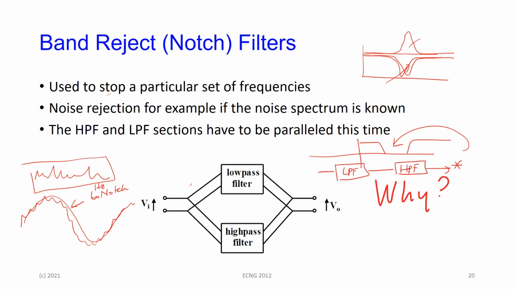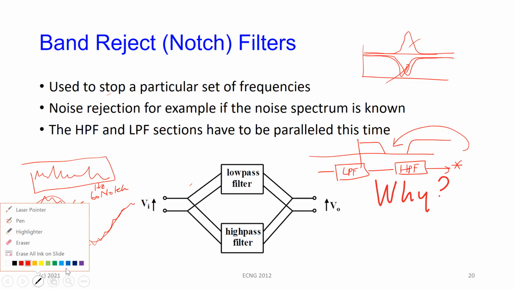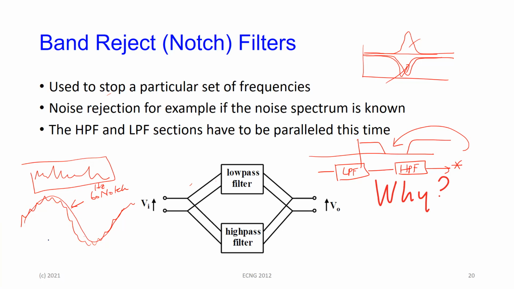Because I draw the diagram, it should be fairly easy to see. If I were to send a signal into the low pass filter, it will pass this. So this is what is going to survive from the signal. If this goes into the high pass filter, the high pass filter rejects everything less than this. So all of this gets rejected. So if I now pass that into the high pass filter, nothing is going to come out.